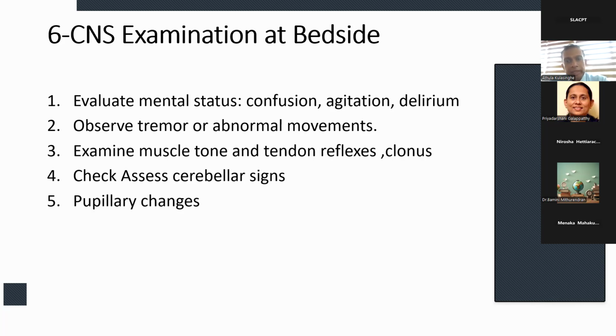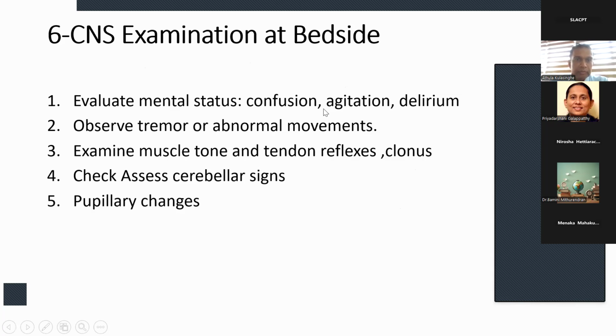By knowing only this, we can come to a conclusion, but in addition, other clinical parameters should be examined. Observe whether the patient has tremor or any abnormal movement. By examining in a correct pathway, we can narrow down our clinical suspicions.